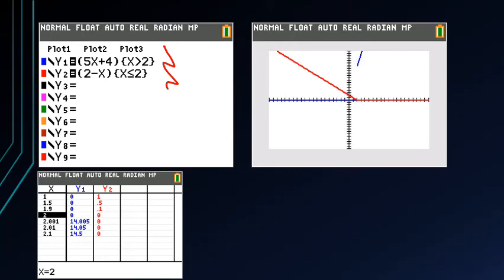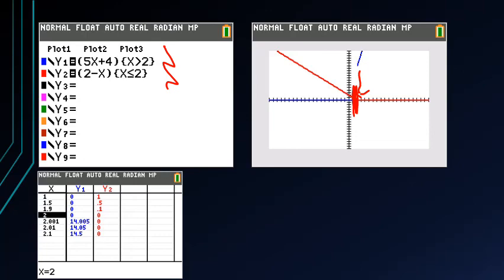And so here, we see that we've got a jump from here to here as x gets right here at this 2. So we've got jump discontinuity.